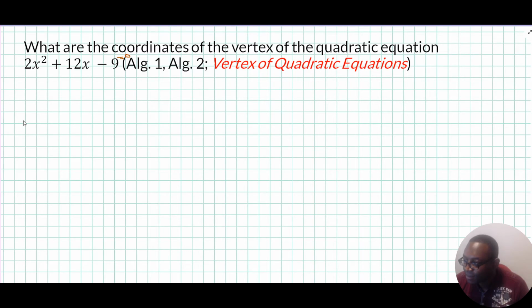So we're looking for a vertex, and we're looking for the coordinates in the form (h, k). It's important to remember your vertex has coordinates (h, k).